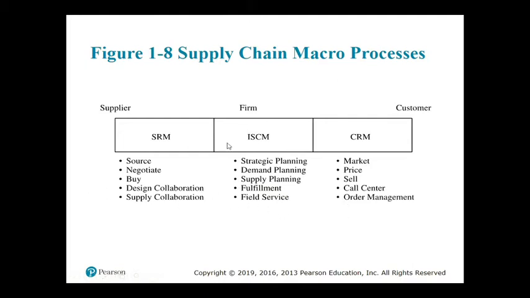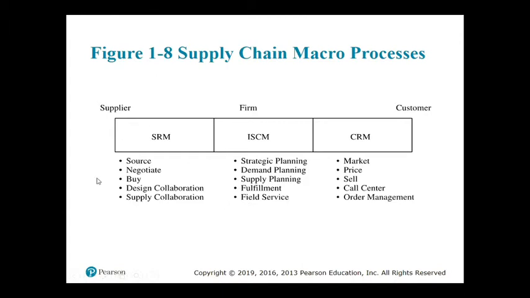Within the firm itself, we have the standardized supply chain planning and operations. So we have the strategic parts, we have the planning of demand, planning of supply, planning of how we fulfill demand, and any field service.